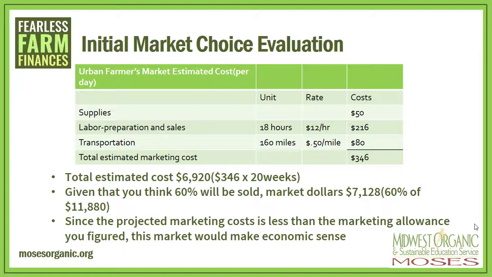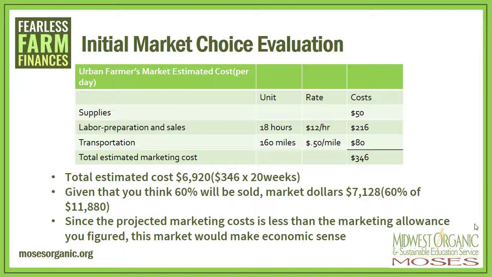So your total, if you go down below, your total estimated farmer's market cost for this particular one for the season would be $6,920. So take your day times your 20 weeks, because that was what this particular market was.